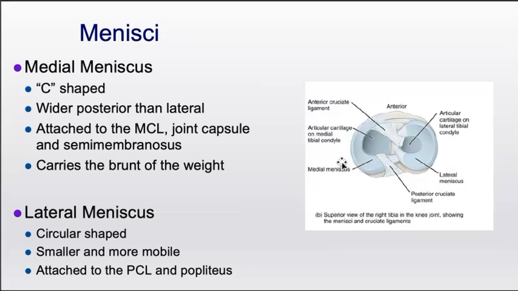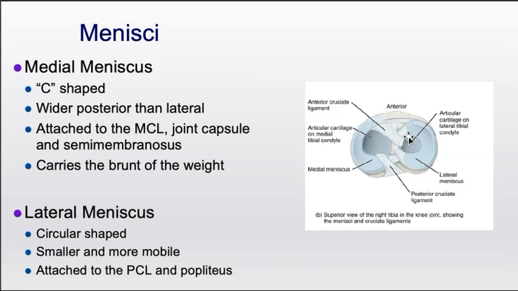It's also attached to the MCL, the joint capsule, and the semimembranosus. So it stays in place, and this one is pretty well your load bearing meniscus, or your load bearing aspect of the joint. A lot of the load happens here.